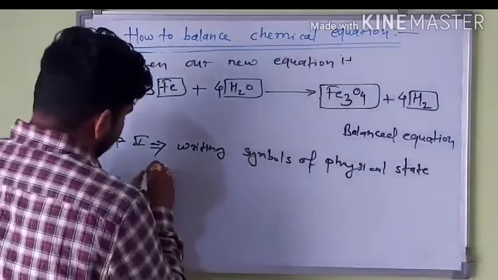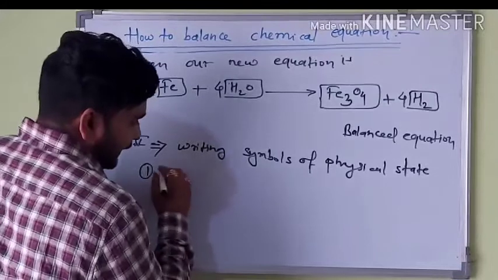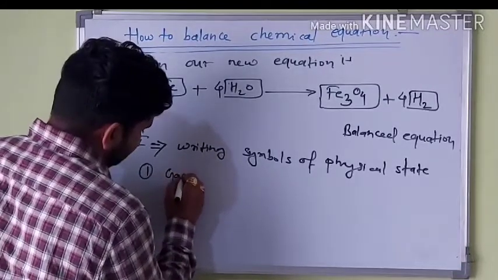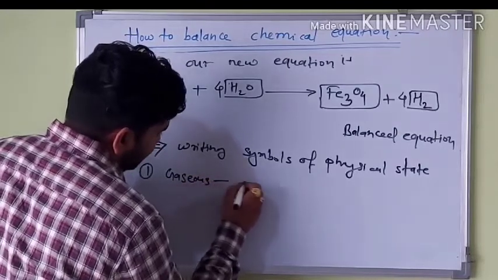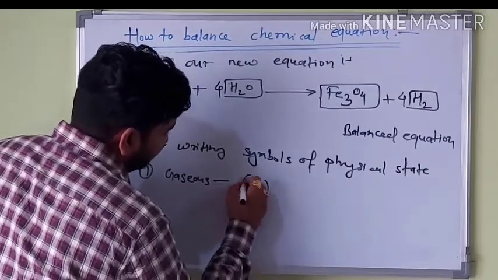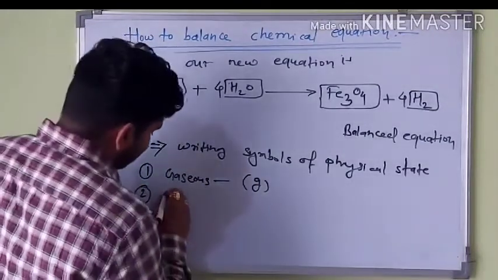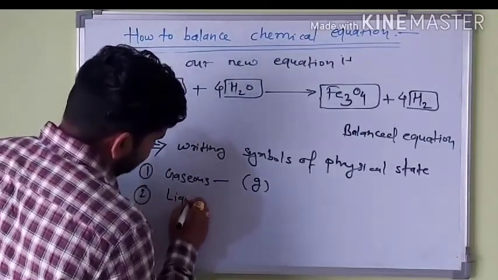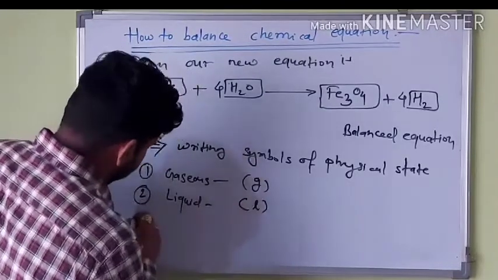First one is gaseous, denoted by g. Second one is liquid, denoted by small l.